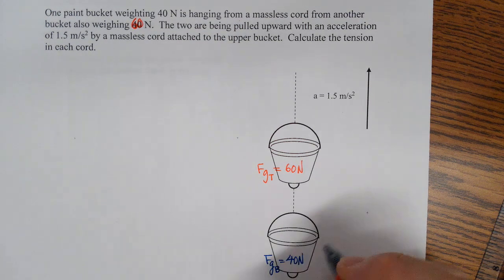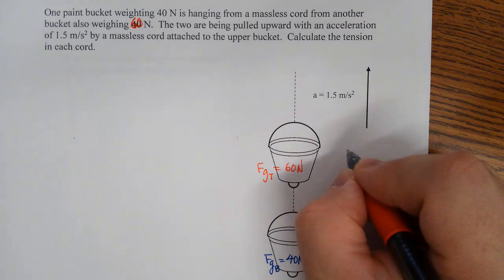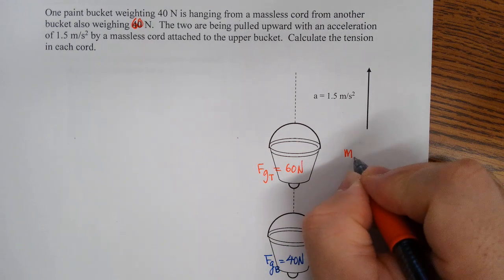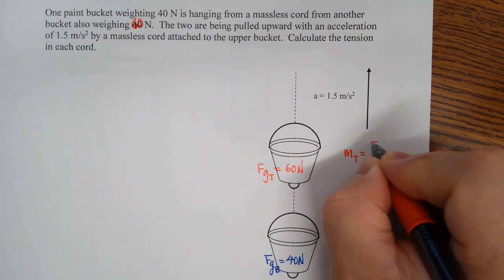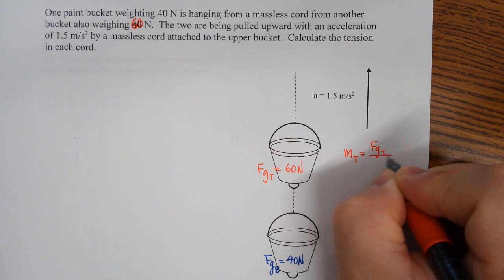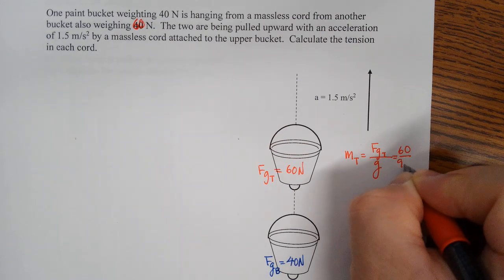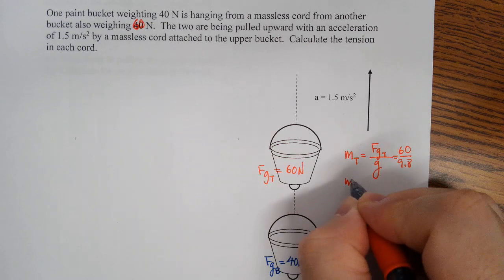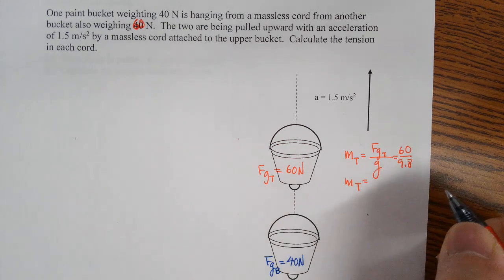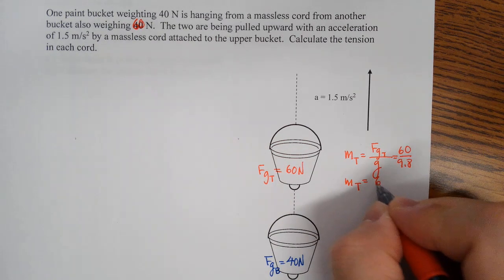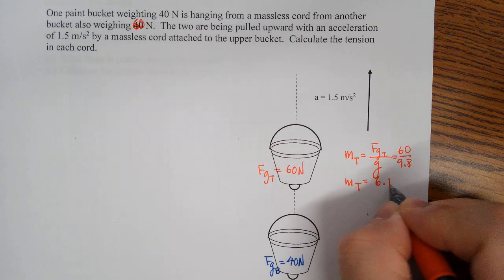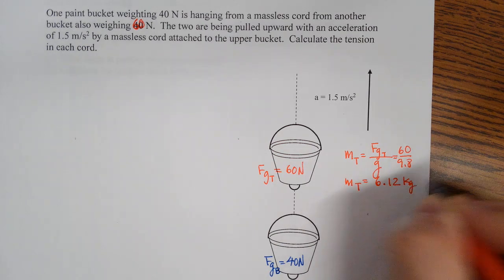So if you were to think about this, the mass of the top bucket is equal to basically Fg top over g, which is 60 divided by 9.8. So the mass of the top bucket is equal to 6.12 kilograms.